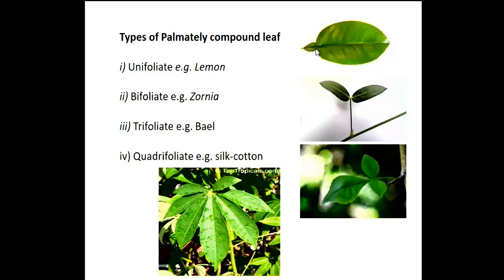Okay, and we are calling it a compound leaf because the incision is up to the rachis or midrib. Okay, rachis. So that is why this is the unifoliate compound leaf.